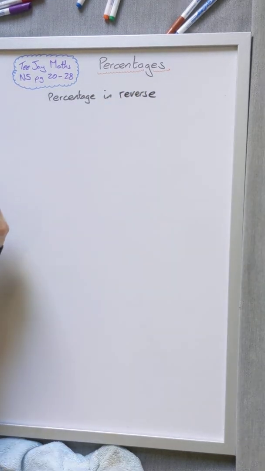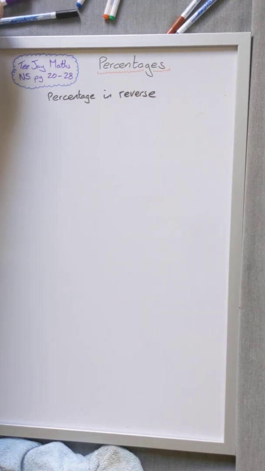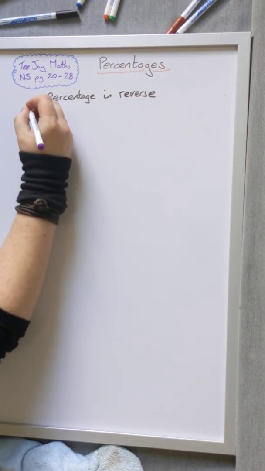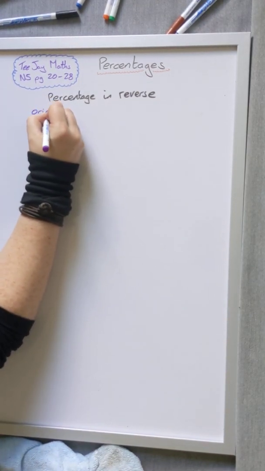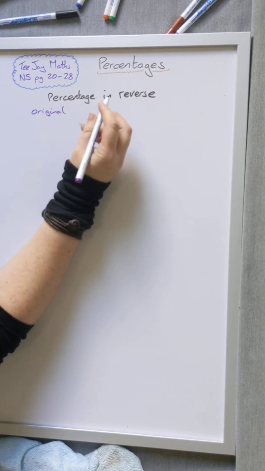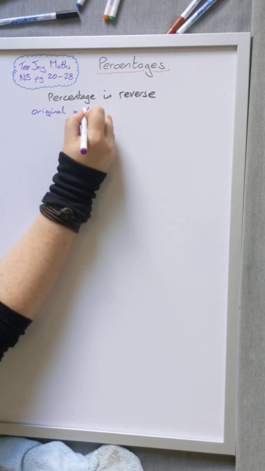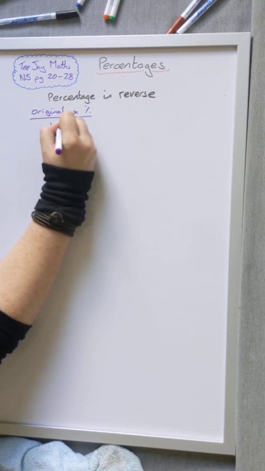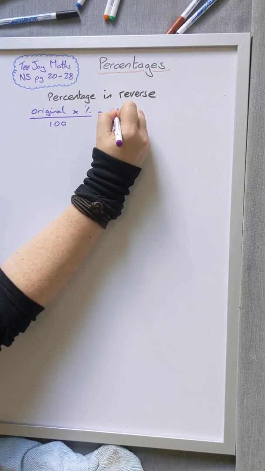And this is where we're told the new value and we're to find the original. So our original, our first, I should say, formula was original value times by the percentage divided by 100 would give us the new value.